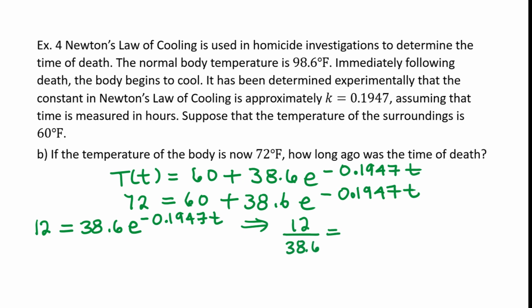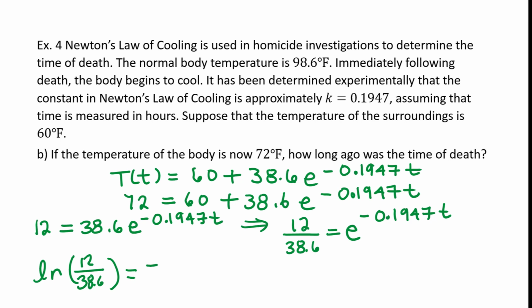Now we need to divide by 38.6 on both sides, so that would give us 12 divided by 38.6 equals e raised to the power of negative 0.1947 t. Now we can take the natural log of both sides. So continuing, we'll get that the natural log of 12 divided by 38.6 is equal to, natural log of e just gives us the exponent, negative 0.1947 t.